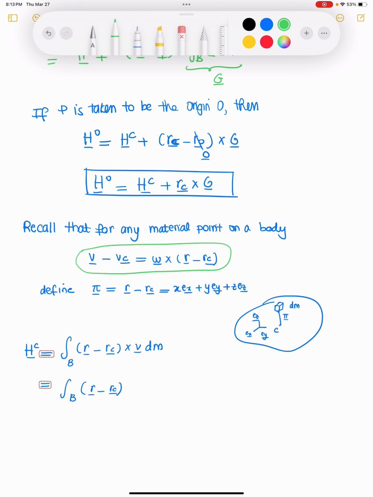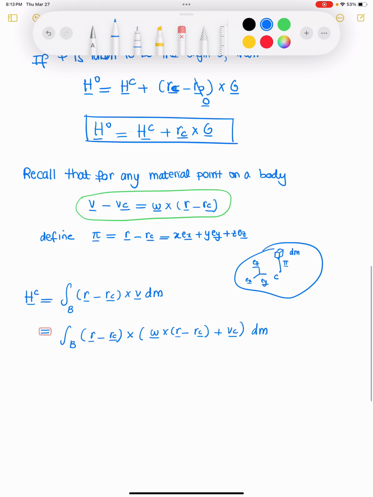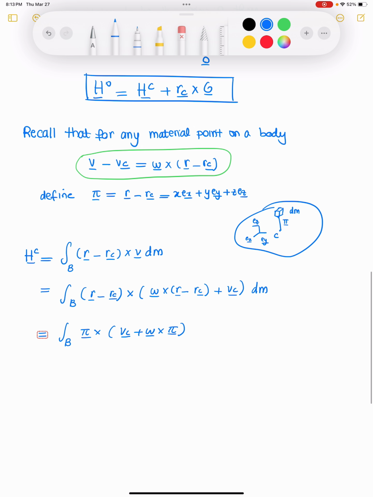I will replace v by its value from this equation, which is omega cross r minus rc plus vc, dm. So that's the integral over b of pi, lowercase pi, crossed with vc plus omega cross pi, dm.